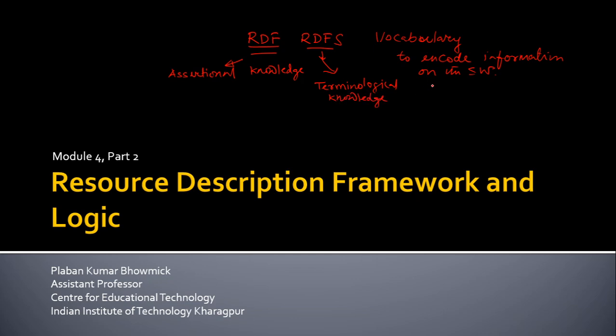Now, if we try to simplify what RDF and RDFS are, they are basically providing a language, and this language consists of a set of symbols, right? One such symbol we can talk about is RDFS subclass of. We know that if something is a subclass of another thing, semantically we understand what we mean by that.